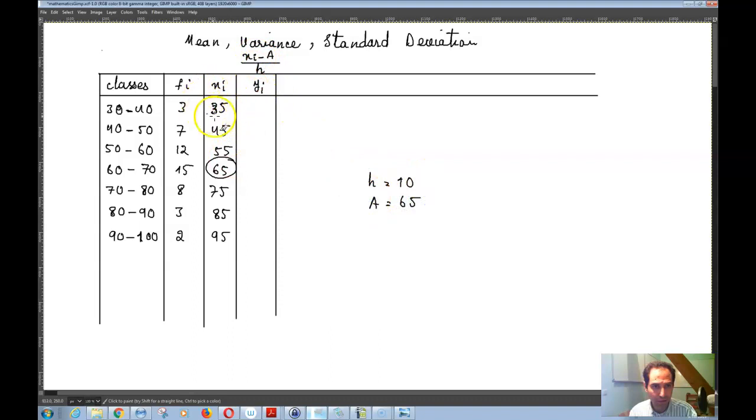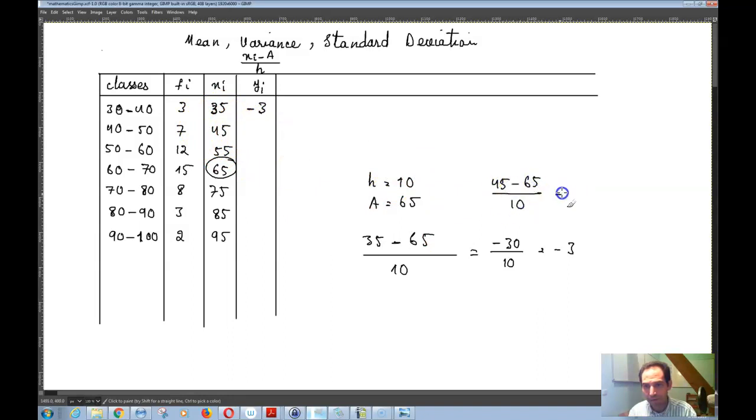So now x of i, for example 35 minus a, which is 65, divided by 10, gives me negative 30 divided by 10, which is equal to negative 3. 45 minus 65 divided by 10 gives me negative 20 divided by 10, which is equal to negative 2. 55 minus 65 gives me negative 1. 65 minus 65 gives me 0. 75 minus 65 is equal to 10, and 10 divided by 10 is equal to 1.